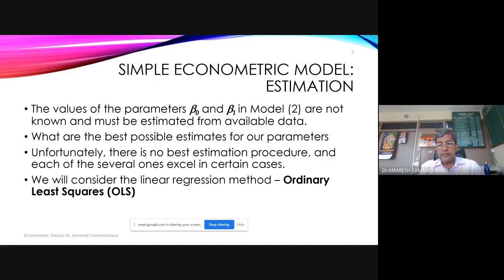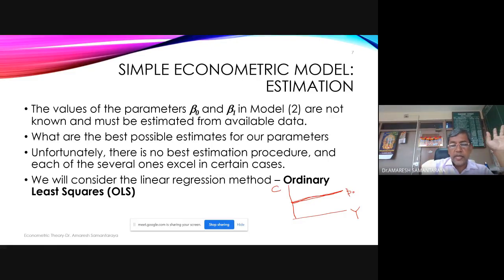If I draw a graph where I have Y on the x-axis and C on the y-axis, this will be given by a line which is parallel to the Y axis. So your consumption is constant, given by beta 0, which is equal to the intercept. Change in income doesn't have any impact on that.